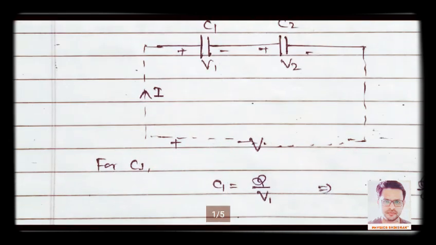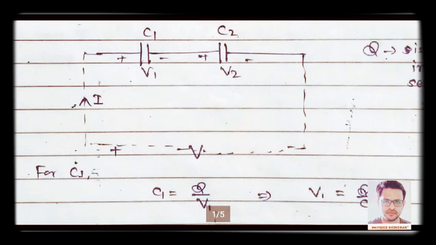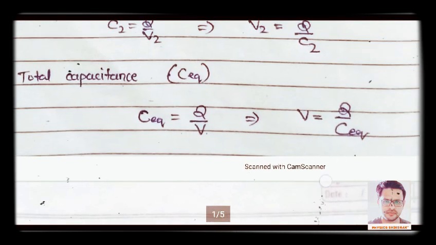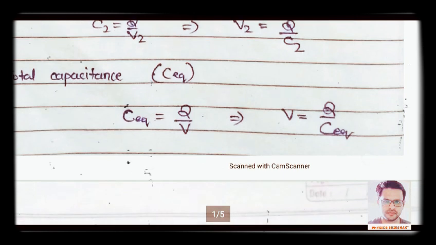For total capacitance, let's say the total capacitance of this circuit is C equivalent. Suppose we have battery V and total charge Q passing through the total capacitance C equivalent. The same way I can write C equivalent equals Q by V, where V equals Q by C equivalent.